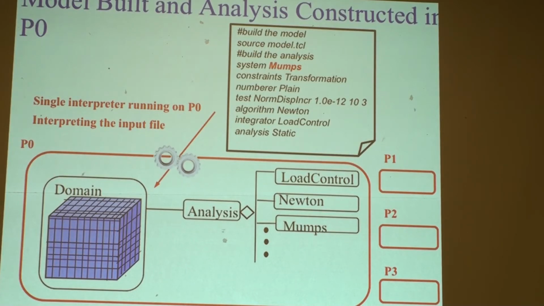As you build the model with SP, everything is getting added to that one processor. So all your nodes and elements, when you create your analysis, all those objects are actually added to that P0 process. So this is the state of the situation after we've created the analysis static, as we've gone through that many steps in the script.